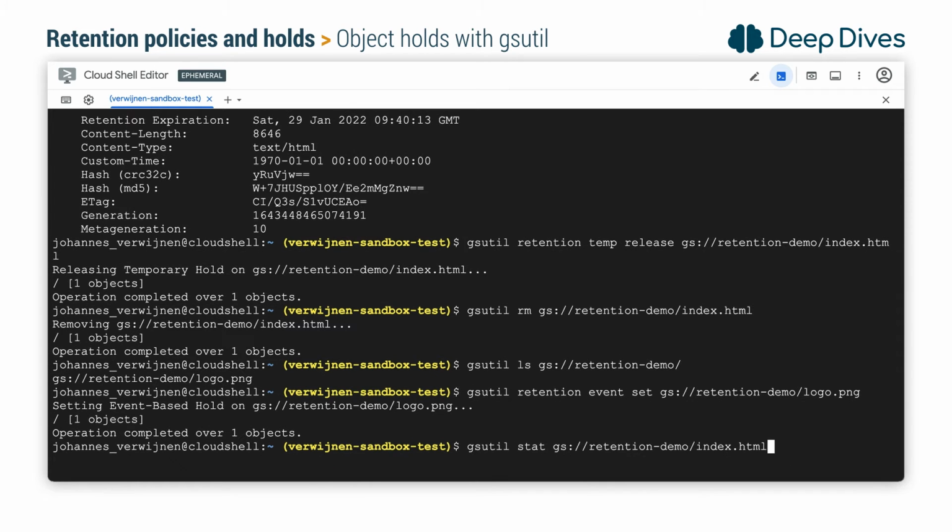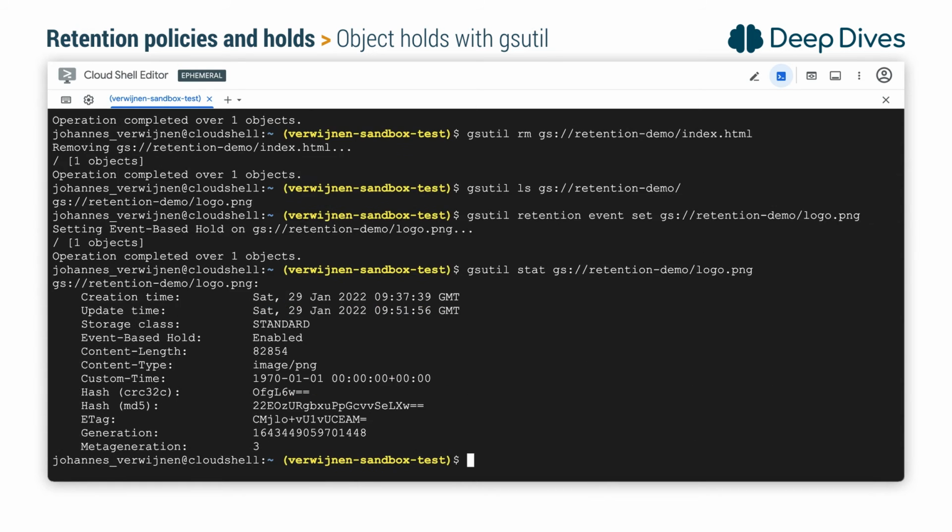Let's take a look at the metadata of that object now. So first of all, we can see that there is an event-based hold that is enabled. But now there is no retention time. Interesting, right?